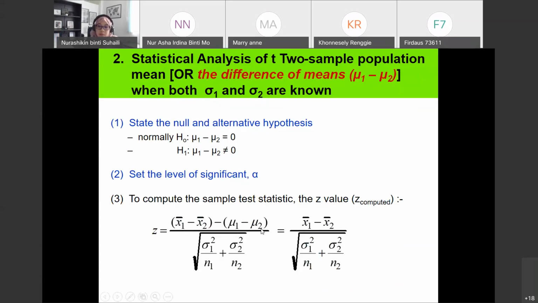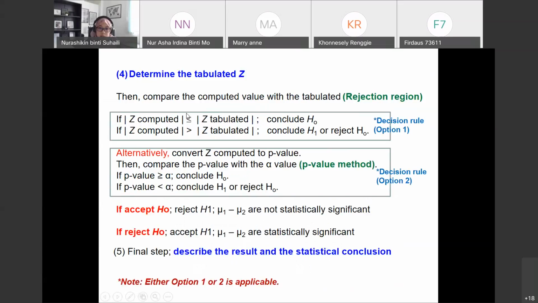So here we calculate the Z, which we denote as Z computed, or Z calculated. The next step is to determine the tabulated Z, which is the Z from the table. Remember, the tabulated Z is the Z from the table. How you determine the Z from the table is the same thing, just repeat what I explained last week.